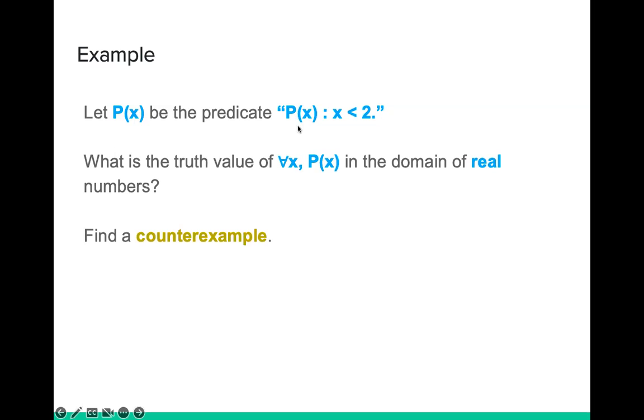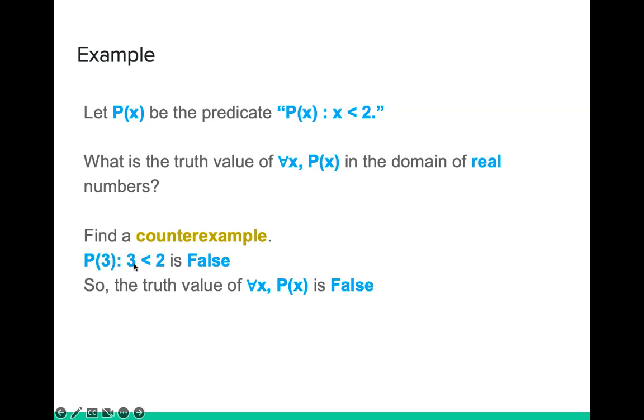We want to prove that this is false, and to do that we just have to find one example that will make P of x false. One example is if we set x as 3, and 3 is obviously greater than 2. So P of 3 is false, and we can say that the quantification for all x, P of x, is false.